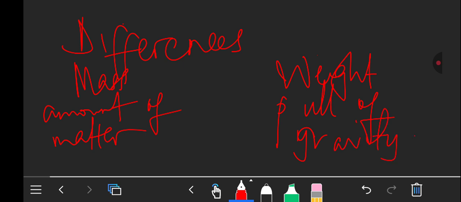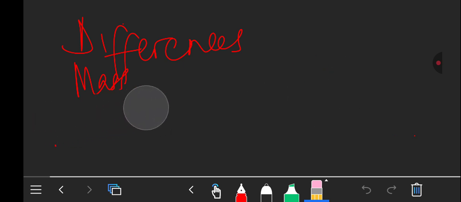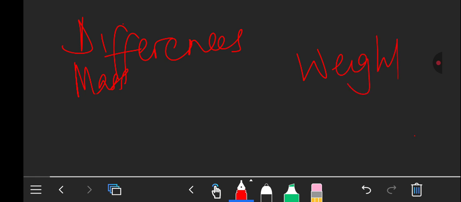Then the second difference we can talk about is the way these things are. You need to know that mass is constant.